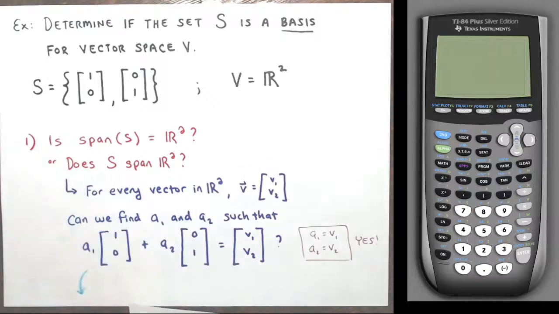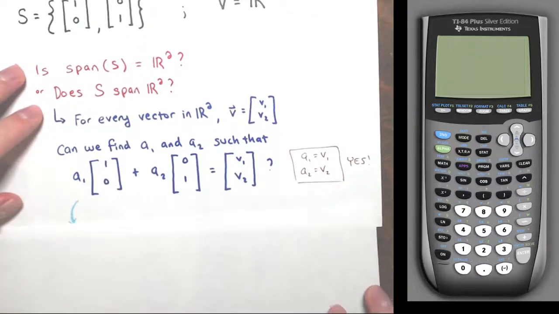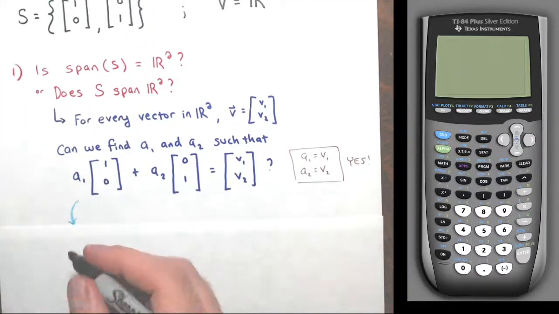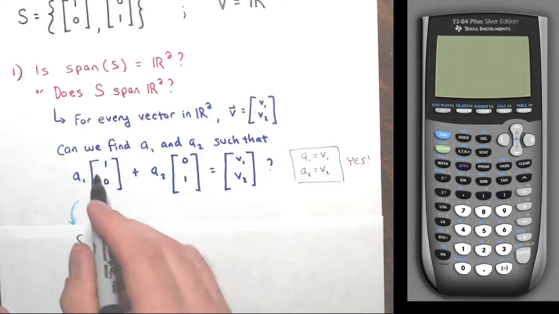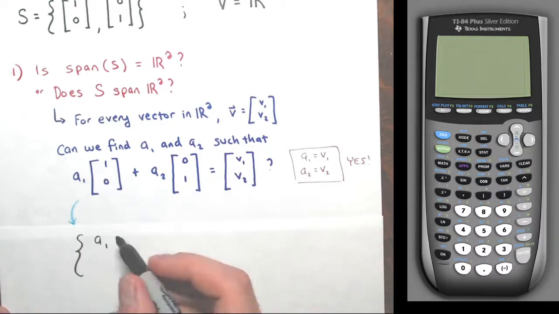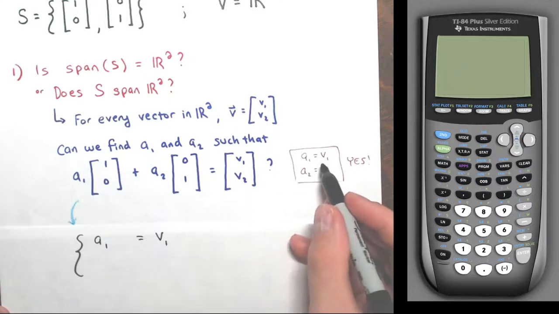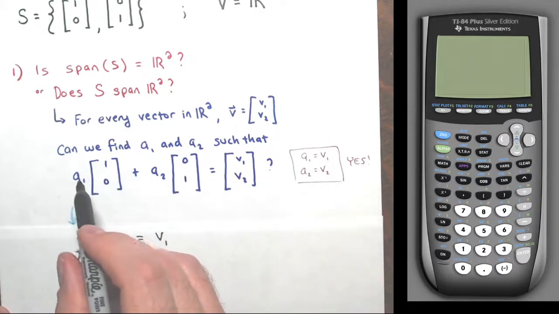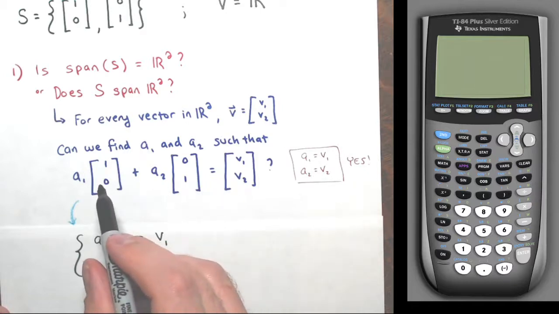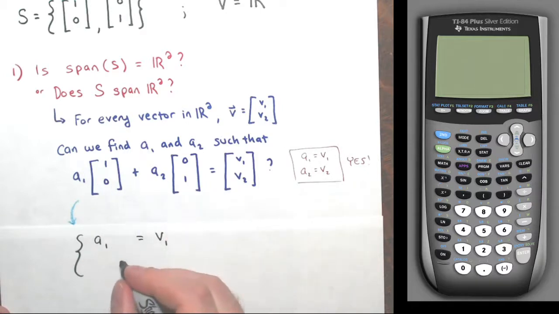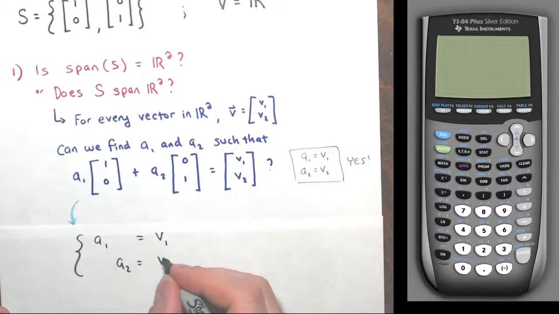And this system would look like this. A system of linear equations where the first components I'd have A1 plus 0 A2 equals V1, as I mentioned over here already. And then the second components, I just have 0 A1 plus 1 A2, A2 equals V2.